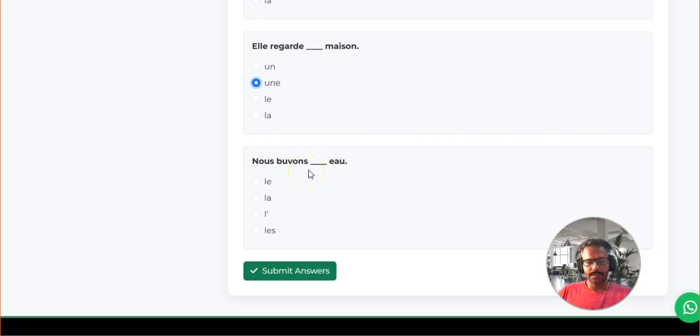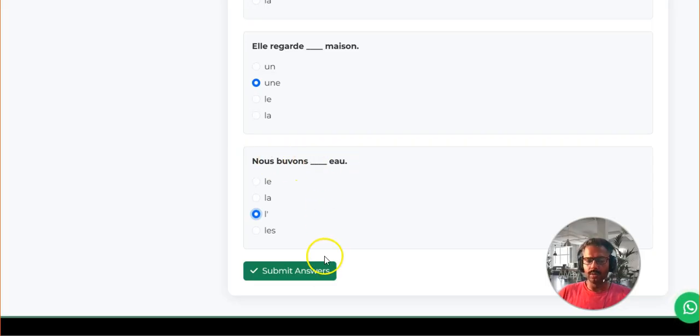Nous buvons l'eau. Technically here it should be the partitive, but since we don't have that option, because we have boire, we drink some water, and we will tend to use partitives here, but anyway, since we don't have that, we'll go with that.